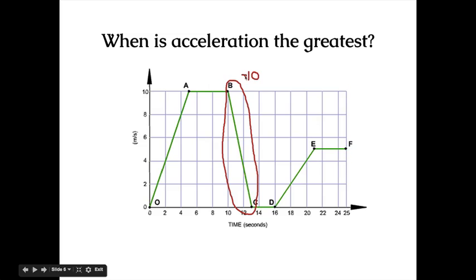So we'll have negative 10 divided by 3 to find the slope of this line, and we'll get a value of negative 3.3 meters per second squared. Just because the bus is decreasing its speed doesn't mean it's not accelerating. It's just accelerating in the negative direction, something we sometimes call deceleration.